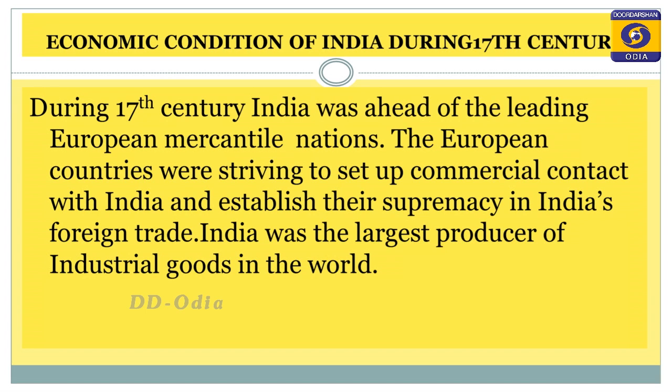India was the largest producer of industrial goods in the world. European countries like Portugal, France, Spain, the Dutch and the English merchants competed with each other in order to establish trade with India.